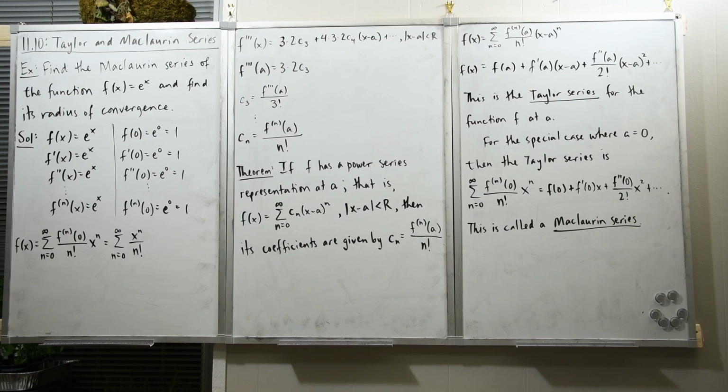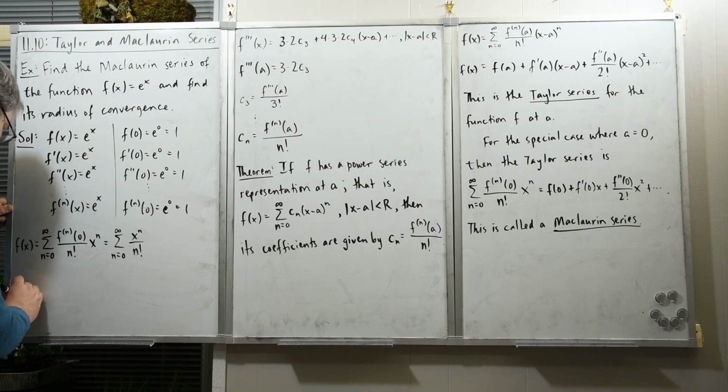But we still need to figure out what the radius of convergence is. To figure out the radius of convergence, we go back to what we were doing a couple of sections ago when we took a look at power series, and we figured out for which x those converge. And so we'll use the ratio test to figure out the radius of convergence here.